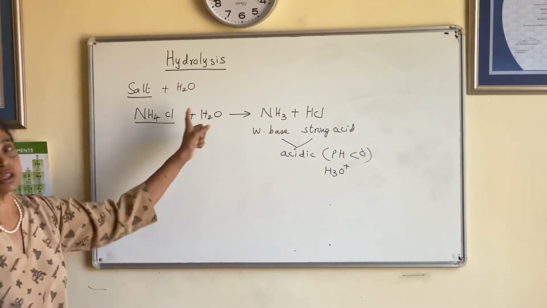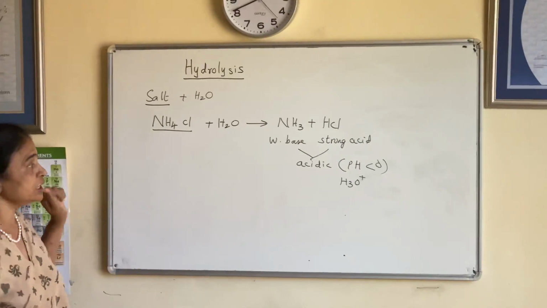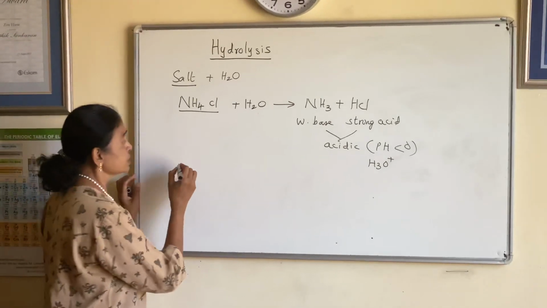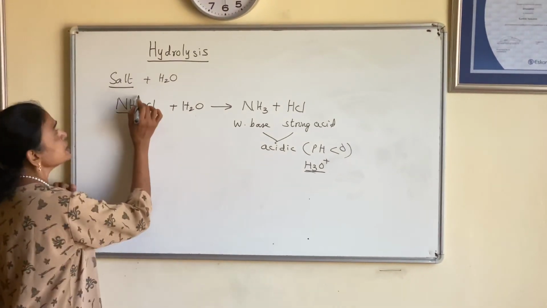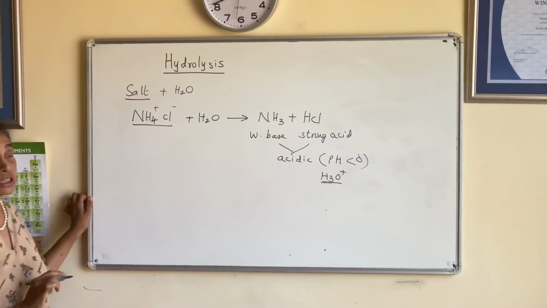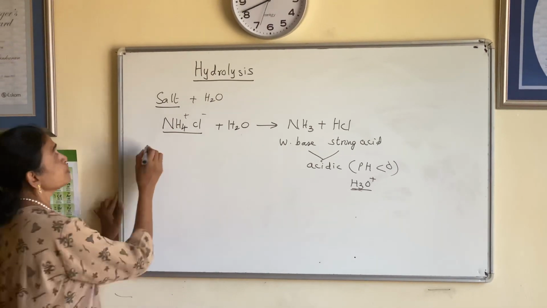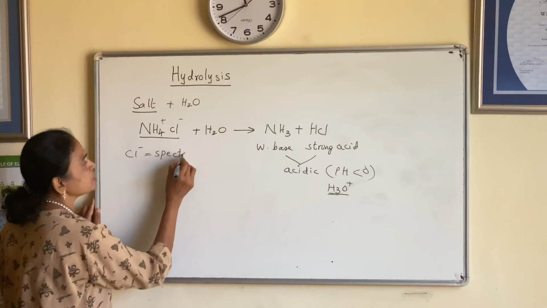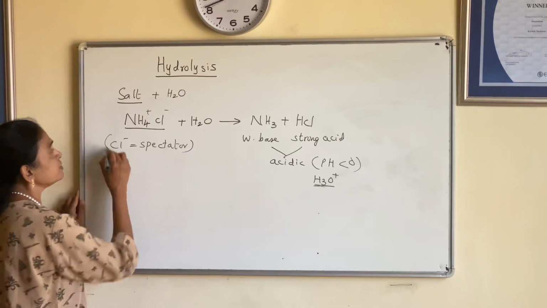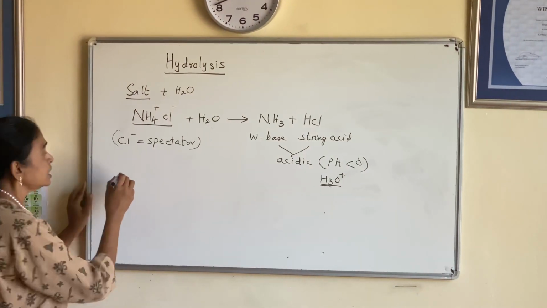But they do not want this equation. They want the equation using ions. So now you see you get a positive ion. Here this is positive and that one is negative. The Cl minus becomes a spectator here. It doesn't react. When you want a positive ion, work with the positive ion.